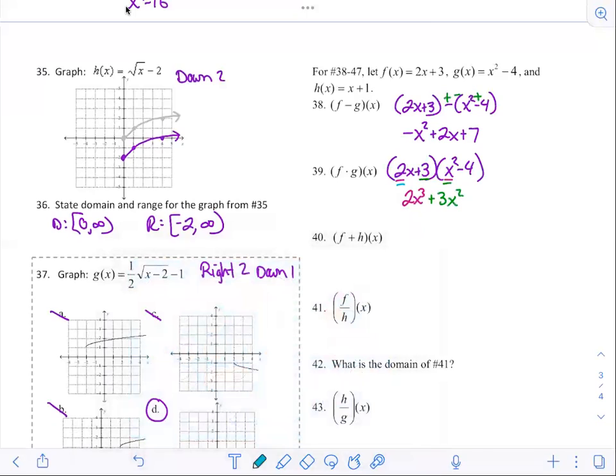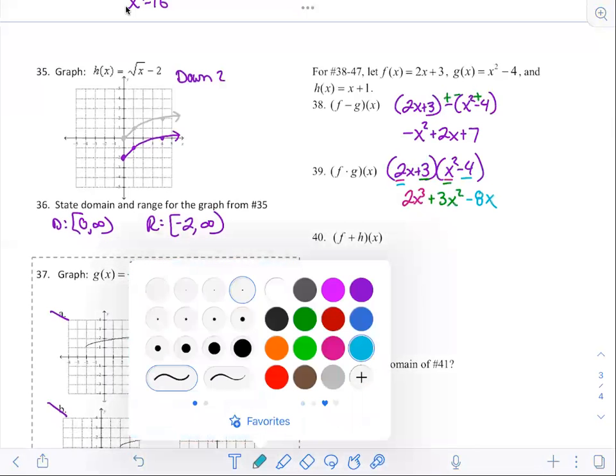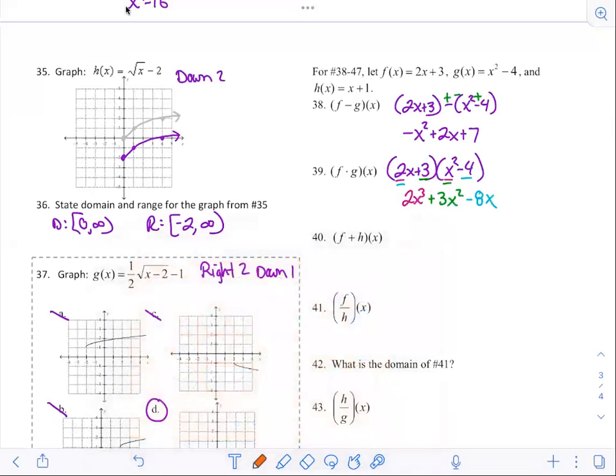Then we're going to go 2x times -4. And finally, we're going to go 3 times -4. So we end up with 2x cubed plus 3x squared minus 8x minus 12.